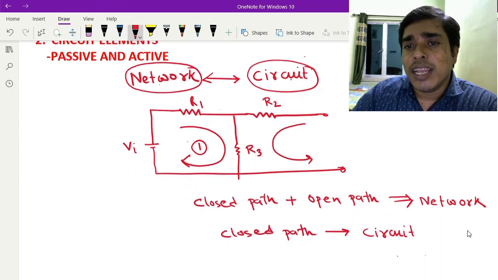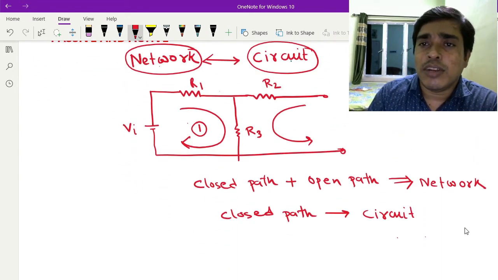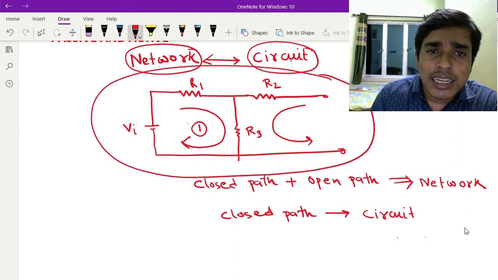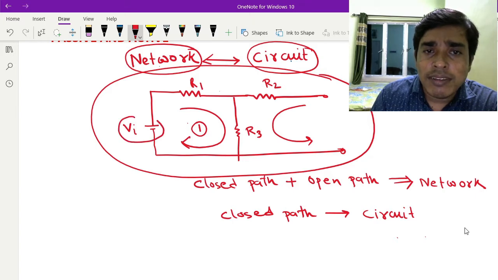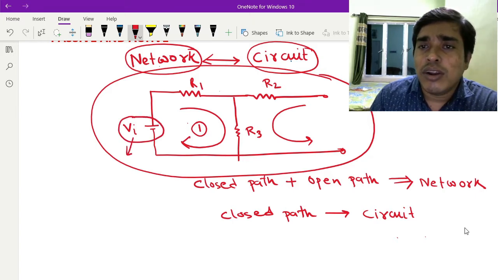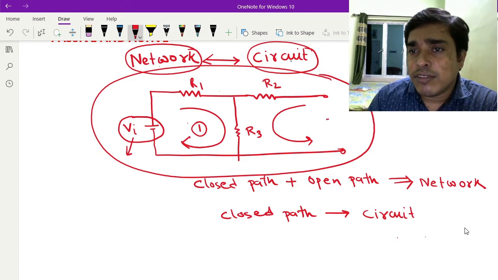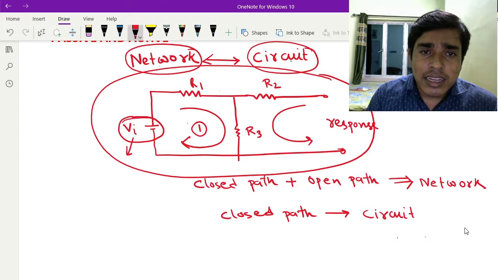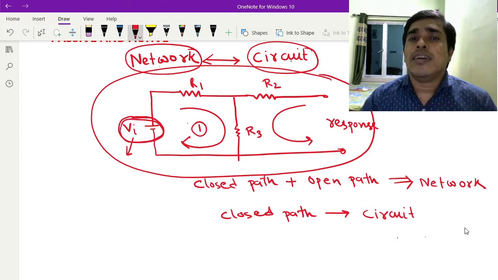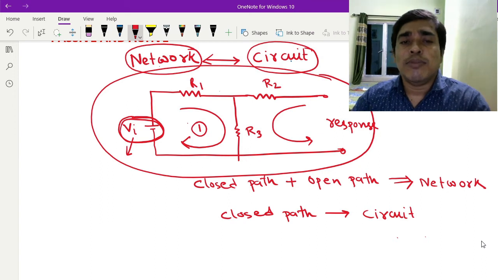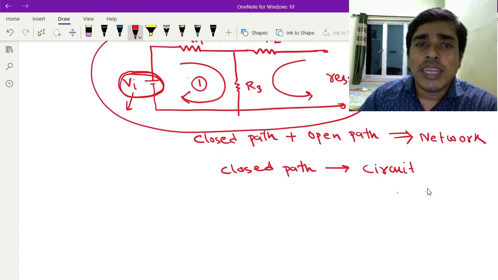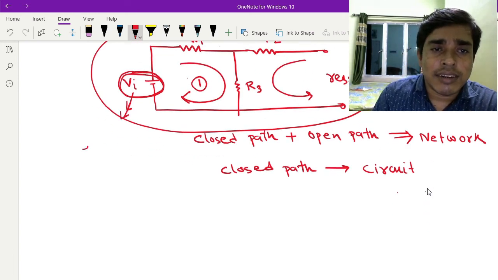Here you see that this is a network. If I apply some voltage here, we can get some response. This voltage may be a sinusoidal voltage, a DC voltage, or any other input signal. It is called excitation.